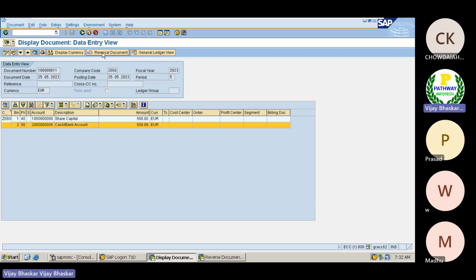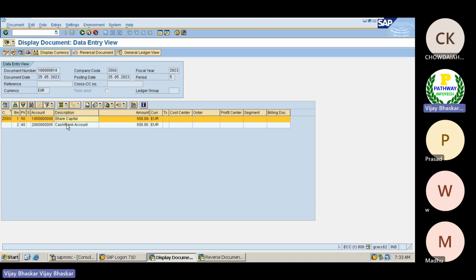Now click on this reversal document. 111 has been reversed with 0114. Now share capital is credited, and the cash or bank account has been debited. If I go here, you can see it is vice versa. This is how we need to perform a single document reversal.